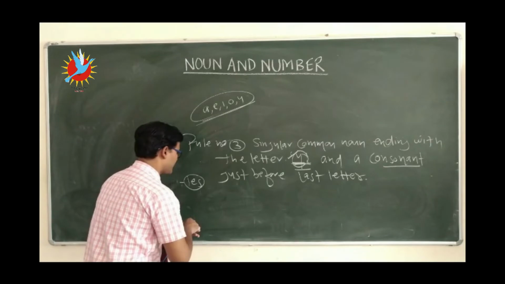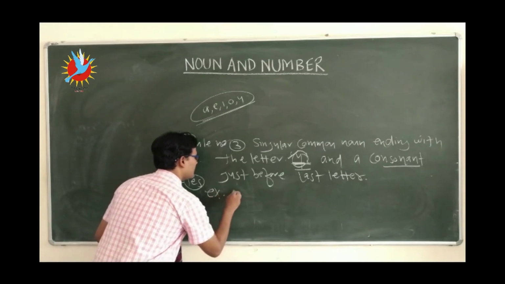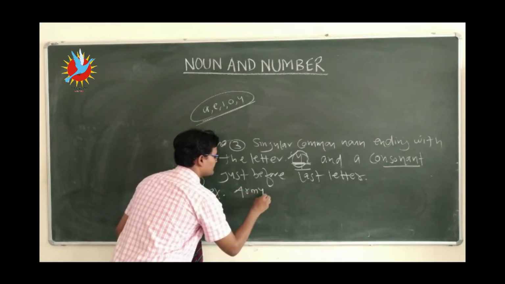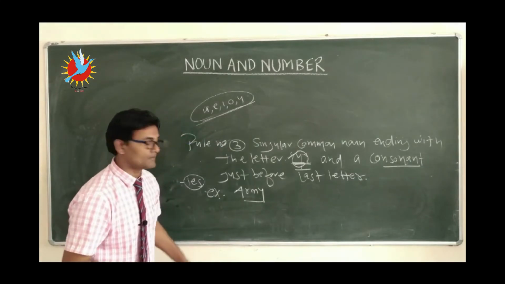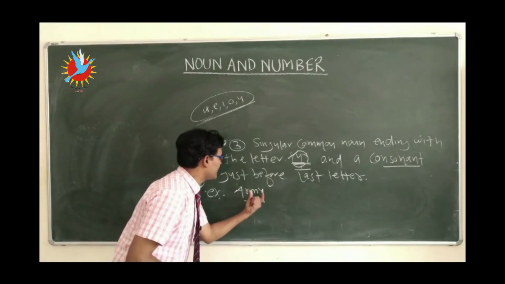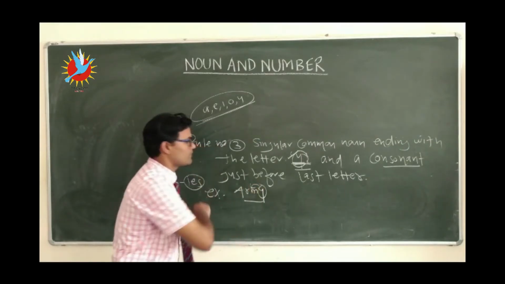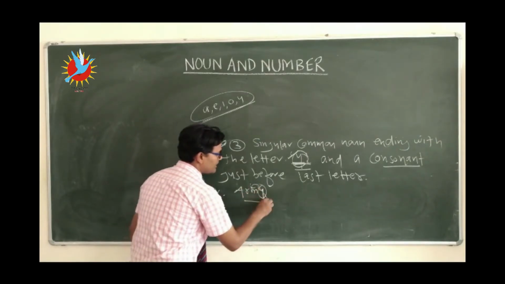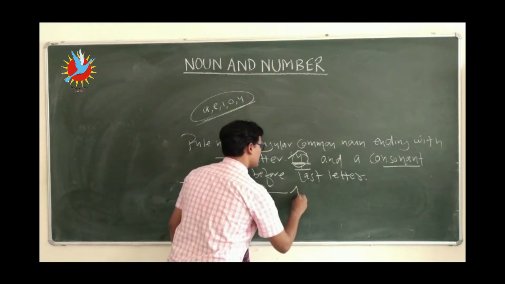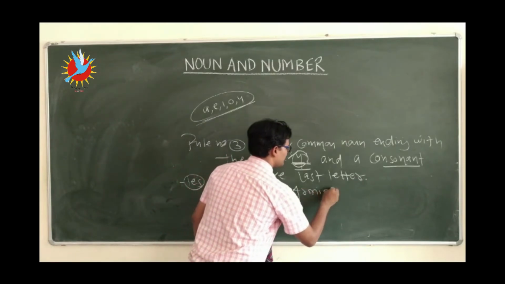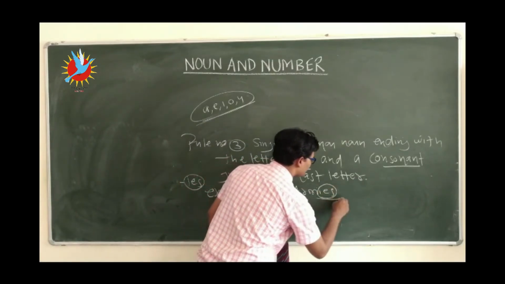For example, army. This noun is ending with the letter y and there is a consonant letter just before y. So remove this y, it becomes armies. We have added here ies.